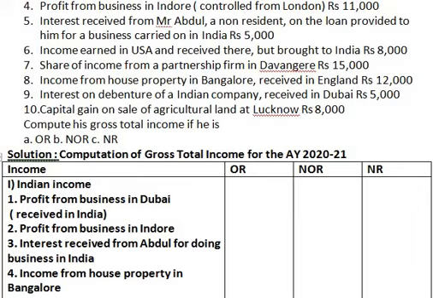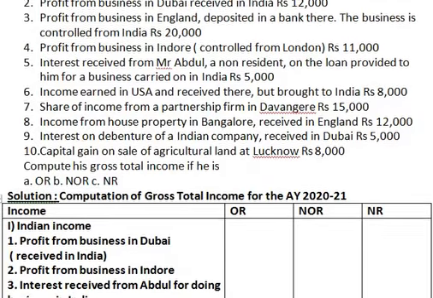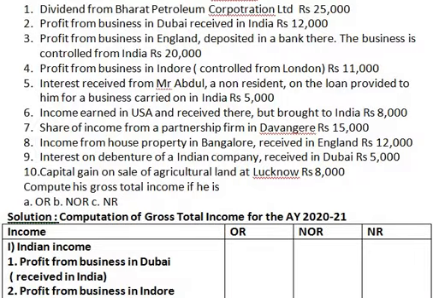Under Indian income, the first point that comes is profit from business in Dubai but received in India. This is the second question in the sum. Is it Indian income or foreign income? When profit is earned in Dubai, it is foreign income, but when the same is received in India, it becomes Indian income.